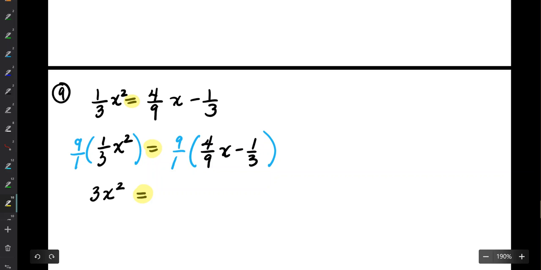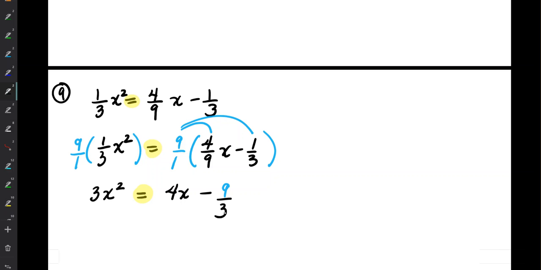You can squeeze in a step there if you need to. 9 times 4/9 of x is 9 times 4 divided by 9, which is just 4 times x, which is 4x. And then 9 times minus a third is minus 9/3. DD, division by my denominator, minus 9 divided by 3 is minus 3.